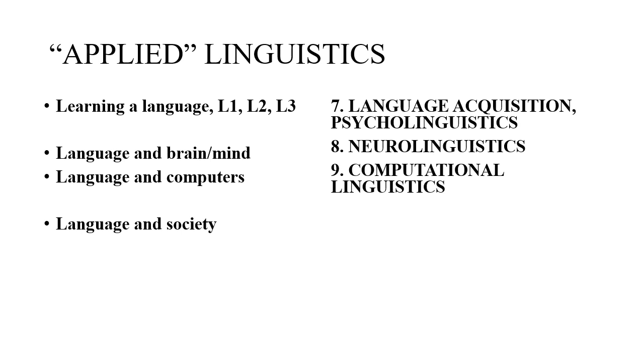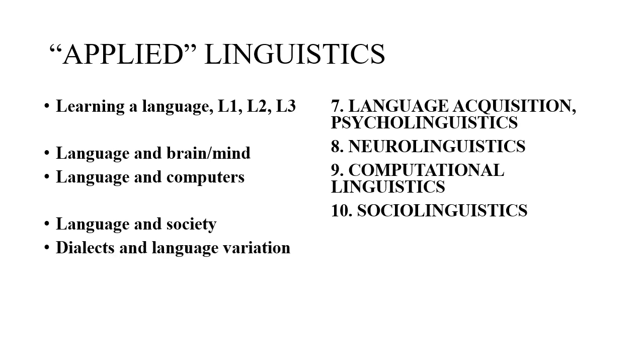Then we have language and society. This is how language is used in society, and this is sociolinguistics. So here, for example, we can study do women speak differently from men, for example? Do younger people speak differently from older people? This is going to be then questions that sociolinguistics is going to try to answer.